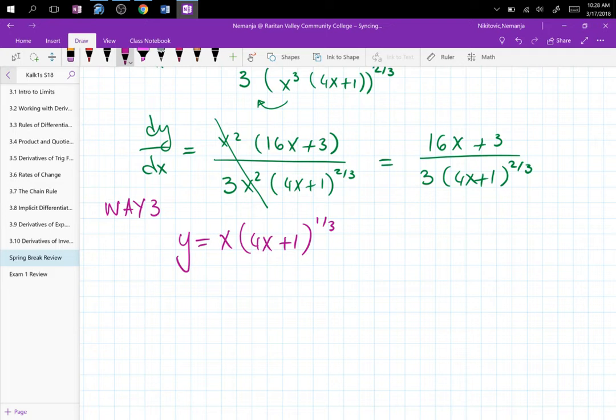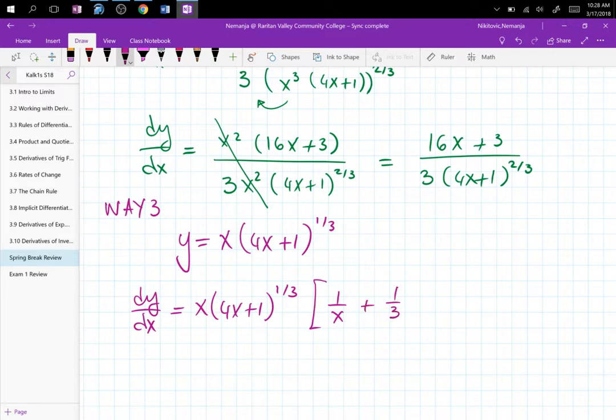So that would be dy dx is equal to copy the problem as is, times, and now just do the stuff, right? So it's 1 over x plus 1/3, 4 over 4x plus 1, and walk away. Done, right? So that will be the fastest way to do the problem.